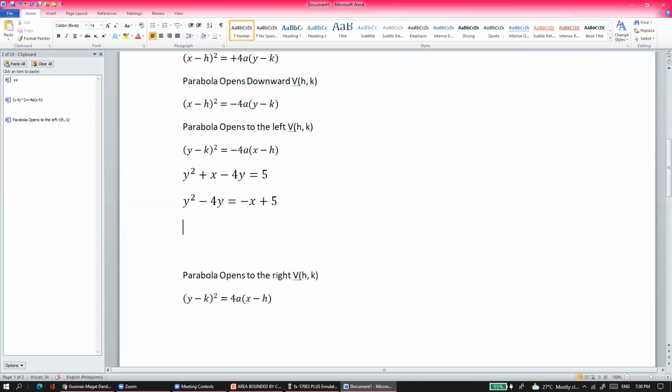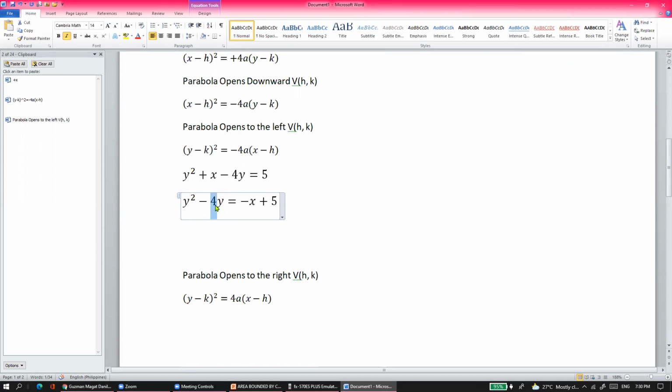Direct agad. Yes po. Okay. Uy, lagi niyong tinitingnan dito. Ito yung diskarte, no? Y squared minus 4y. Punta ka sa pangalawang term. Ano yung number na nakamultiply kay y? Di ba 4? Tama?